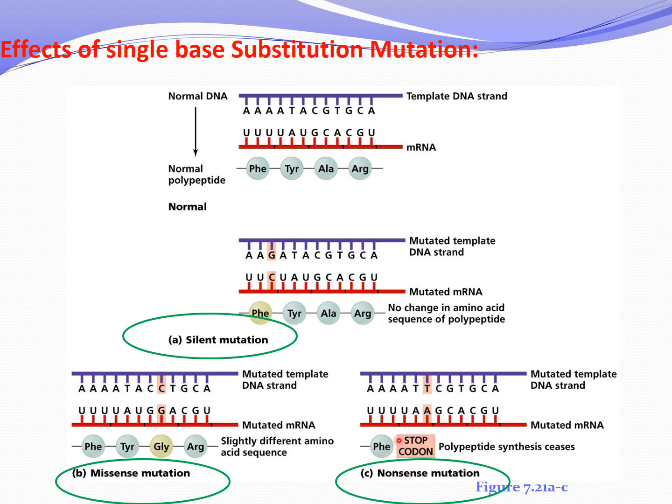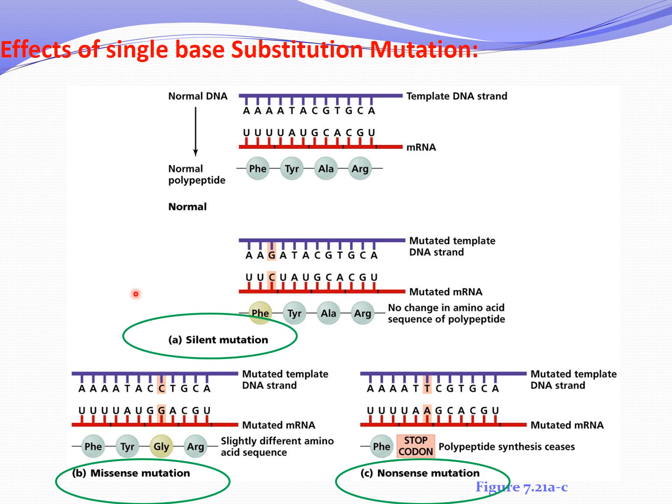You get truncated protein. All right, so that's because the stop codon is not recognized by any tRNA during translation. So this is called nonsense. Okay, because stop codon there, it does not make sense. Okay, it stops the translation. So those are three different types of substitution mutation.